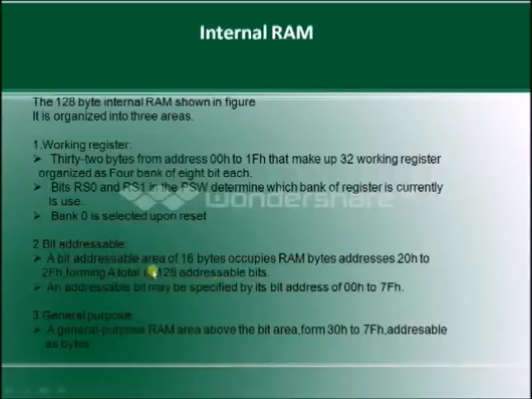That is why this is called the bit addressable area. An addressable bit may be specified by its bit address from 00H to 7FH. I can address a single bit without modifying the other bits with the help of instructions like SETB and CLR B.